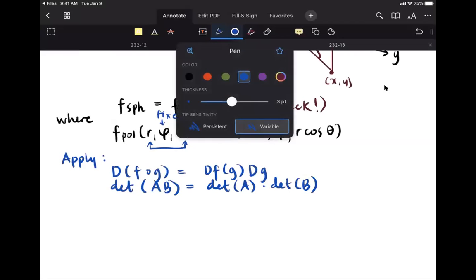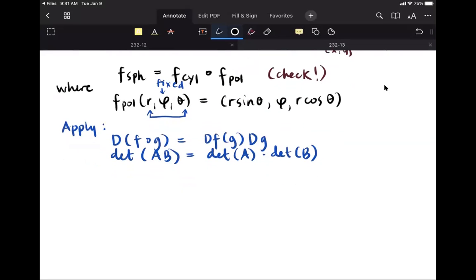With this, we can now apply. So the determinant of the Jacobi matrix for the spherical coordinates is the product of the determinants.